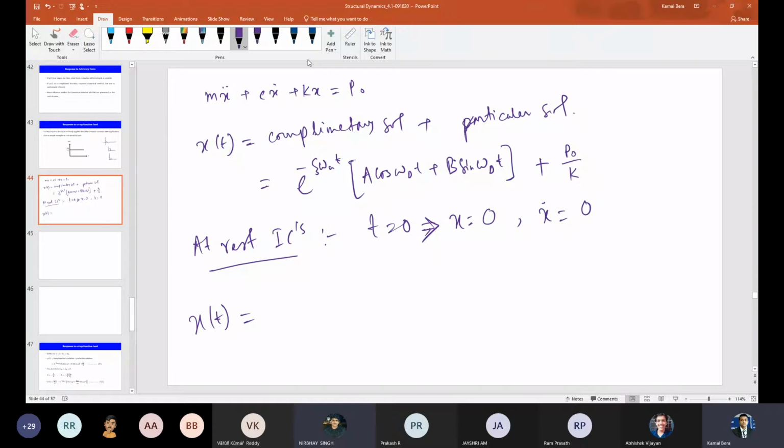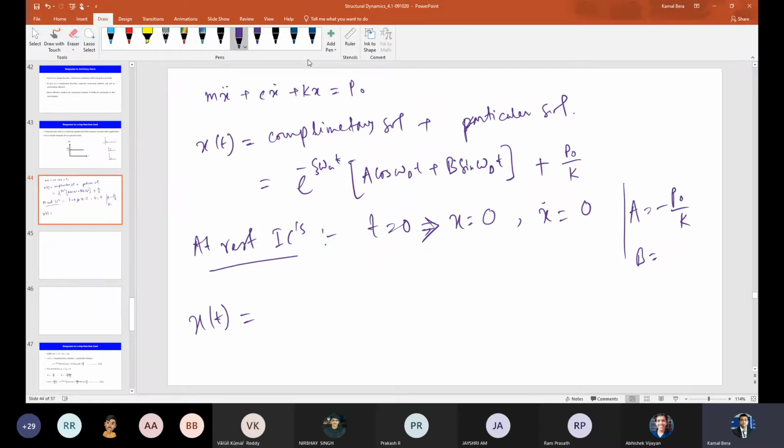A equals minus P naught by K. I'm asking what is x(t)? A, B, you find out and tell me the final expression. I'm writing here x(t) equal to P naught by K, and B you will get something, then put it there and tell me what it is.